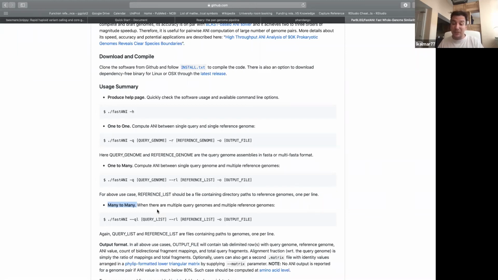I don't really see much point in doing Mash or FastANI, for example, in the case of Chioma's project, when she's looking at only the Salmonella genus, or actually only a few species in Salmonella.